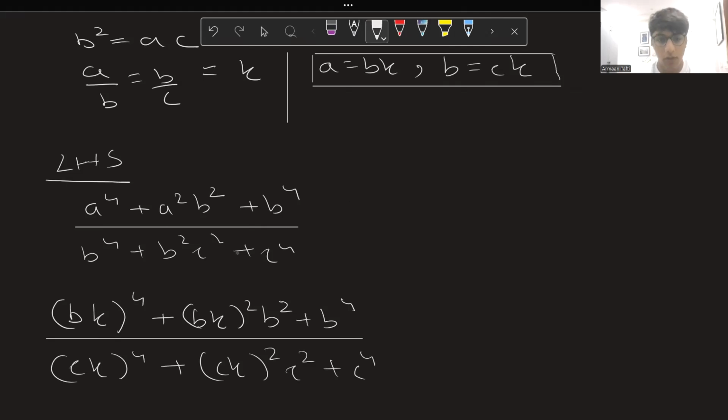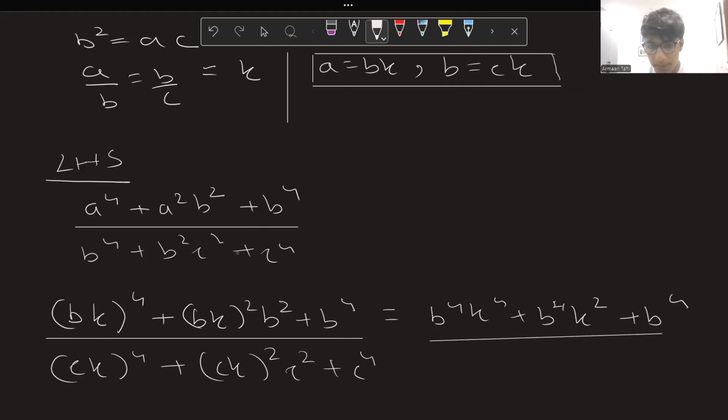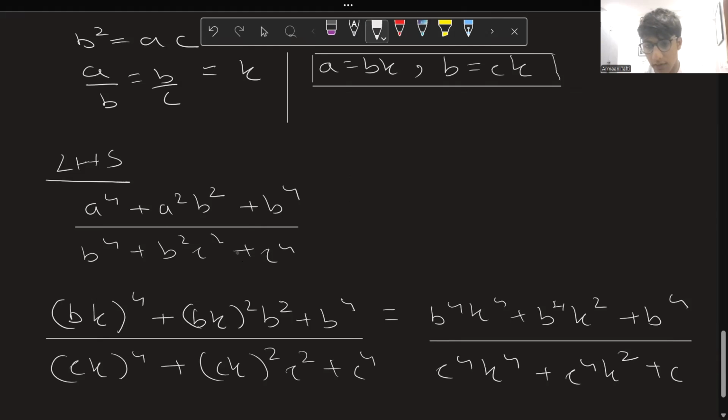plus C4. Now if we make this equal and simplify, let's write out B4 K4 plus B square K square times B square, that's B4 actually, plus B4, divided by C4 K4 plus C4 K square plus C4.